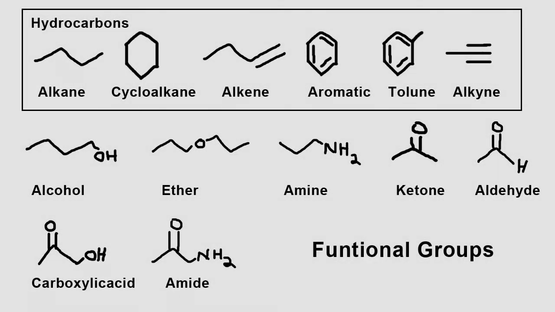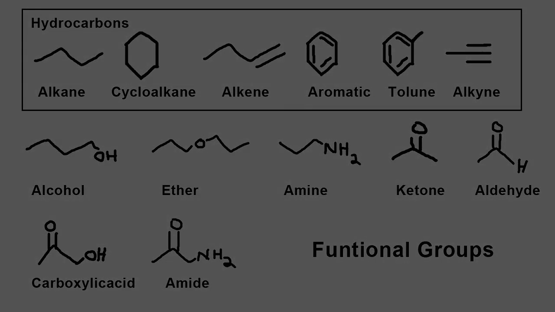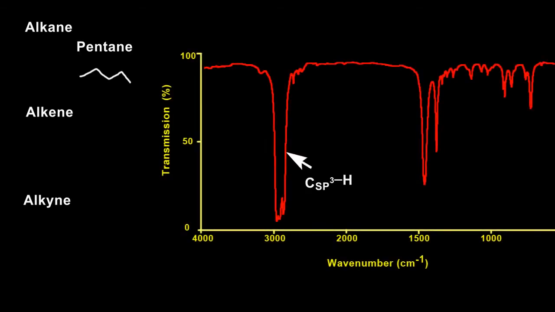Let us see the general functional groups of the IR spectrum, without any conjugation or other species. Identification of alkanes, alkenes and alkynes is shown here. For alkanes, for example pentane, the C-H bond falls between 3000 and 2800 wave numbers.